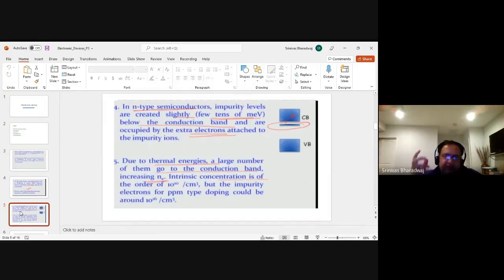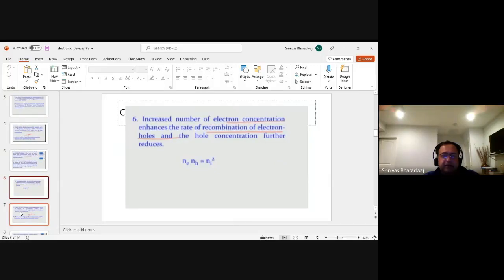Those electrons are free to travel. Those in the valence band don't travel, while conduction band electrons can move around a little. The intrinsic concentration is of the order of 10 to the power of 10 per centimeter cube. The impurity electrons, for parts per million type doping, could be around 10 to the power of 16 per centimeter cube.